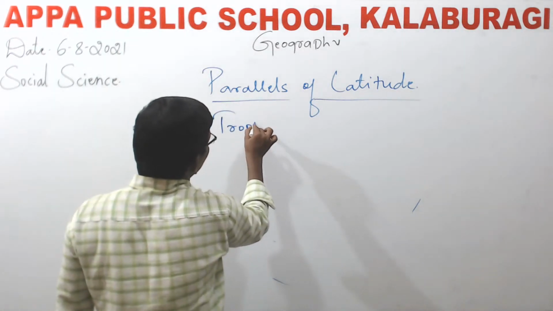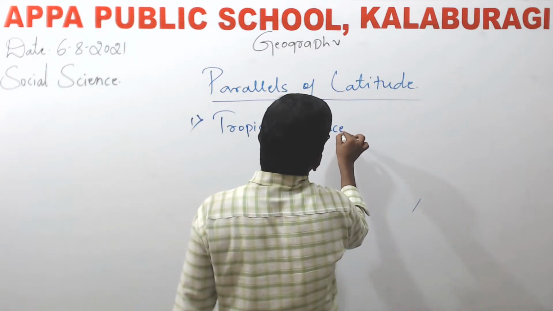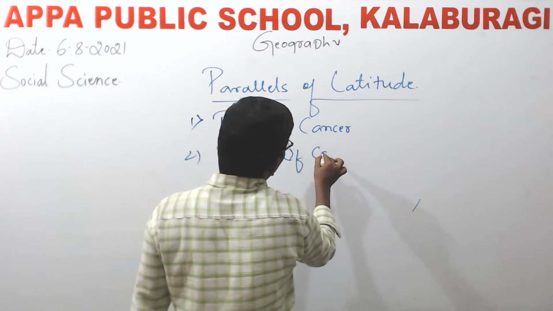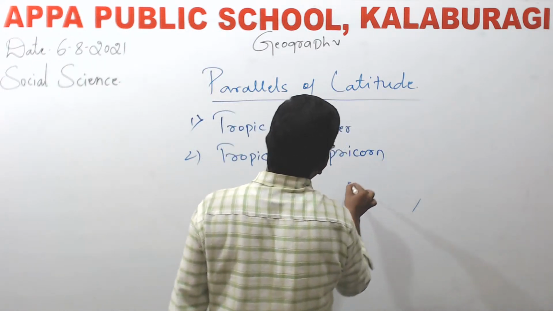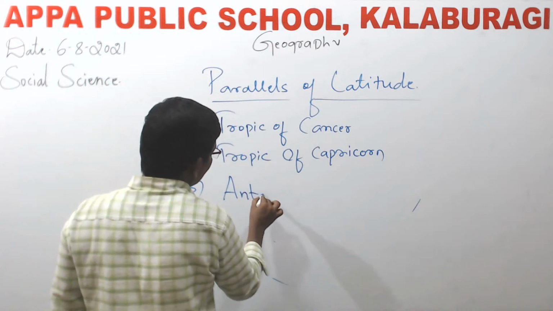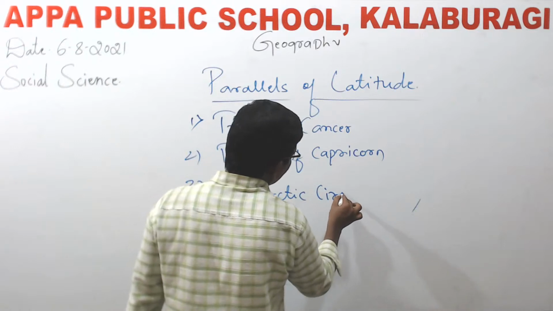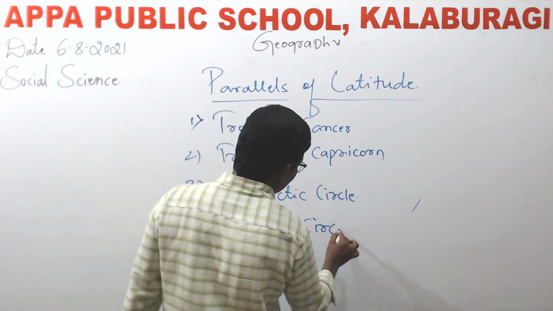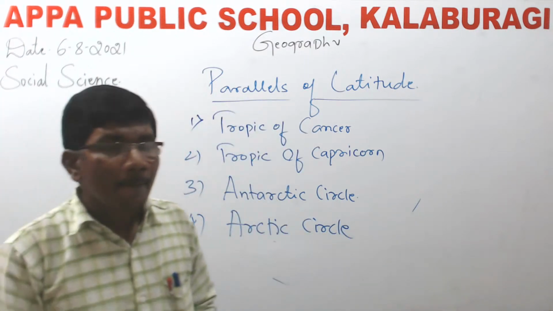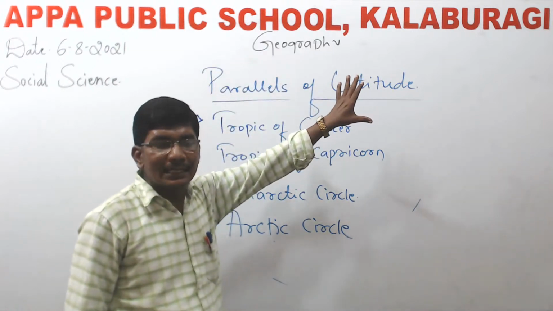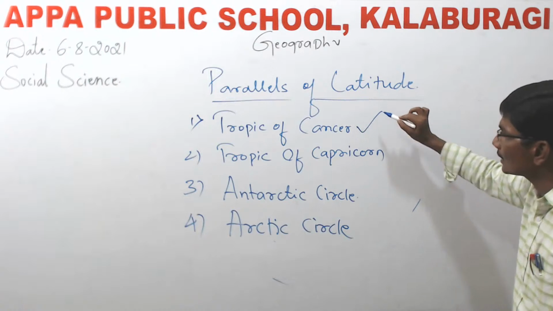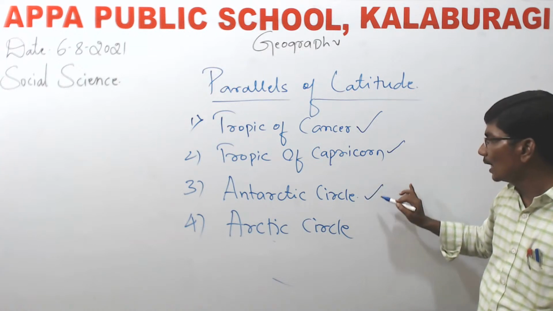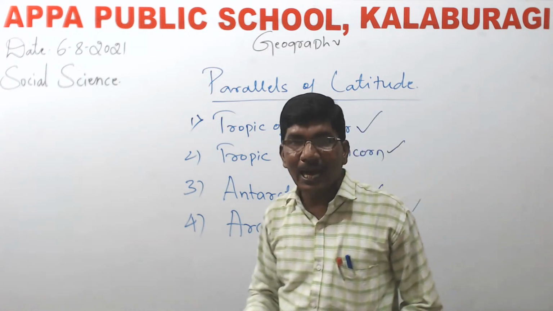Tropic of Cancer, Tropic of Capricorn, and next, third one, Antarctic Circle, and fourth one is Arctic Circle.